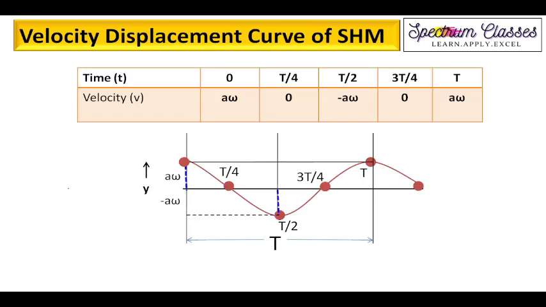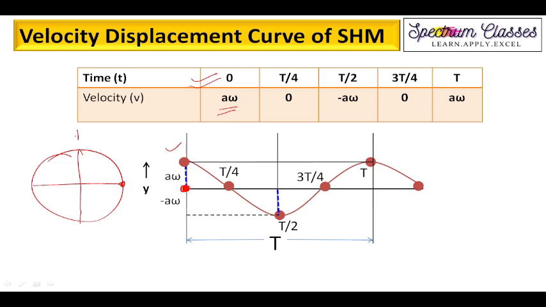Now I am going to draw the curve for this velocity and displacement. As I told you earlier, if our particle is at 0, at time t is equal to 0, the angle is again 0, so the velocity will be maximum, a omega, if my particle is starting from the mean position. So my particle is at this point at time t is equal to 0, then my velocity will be a omega.